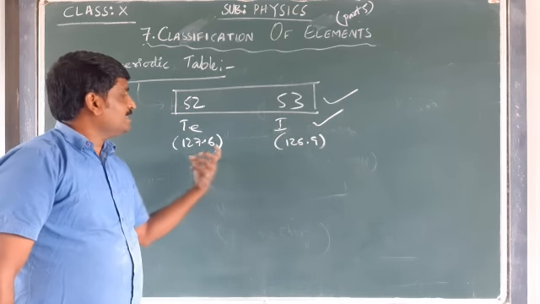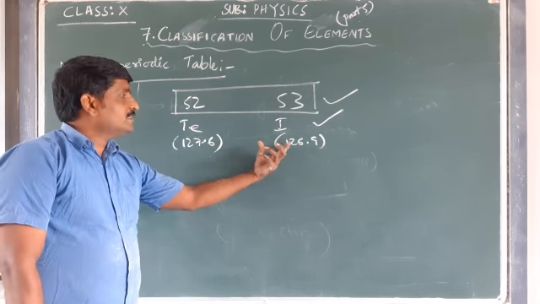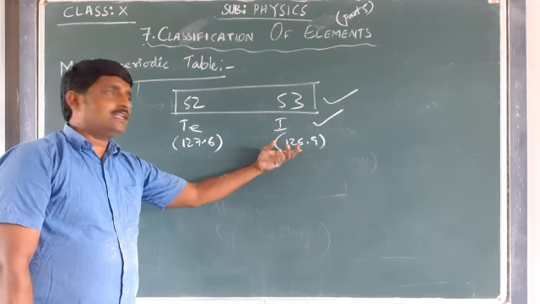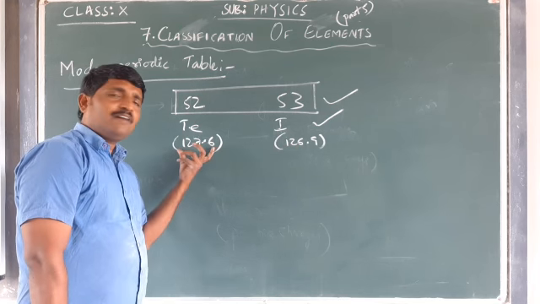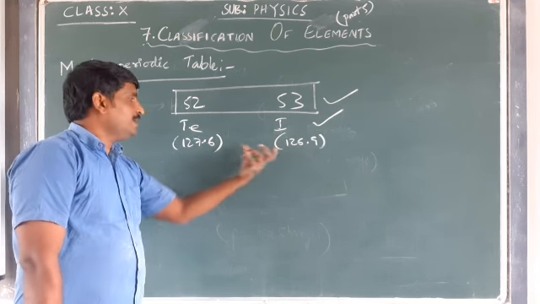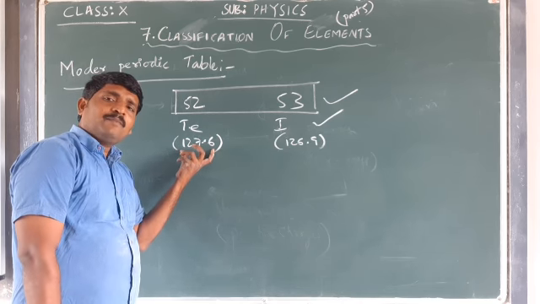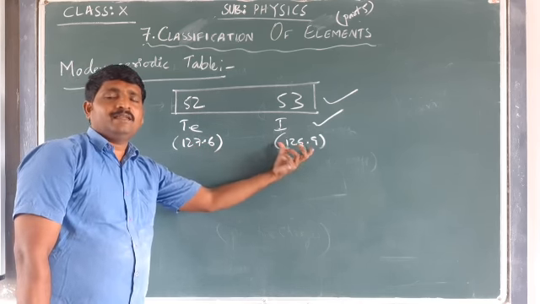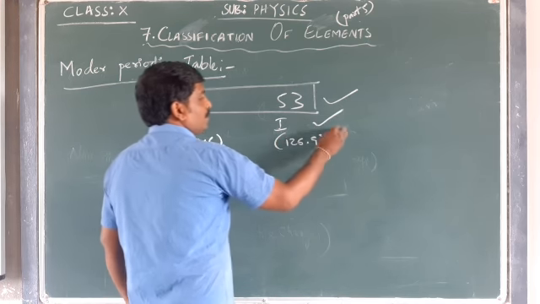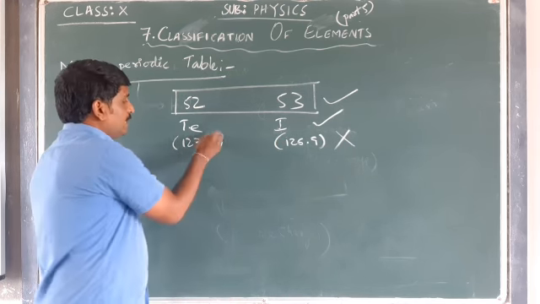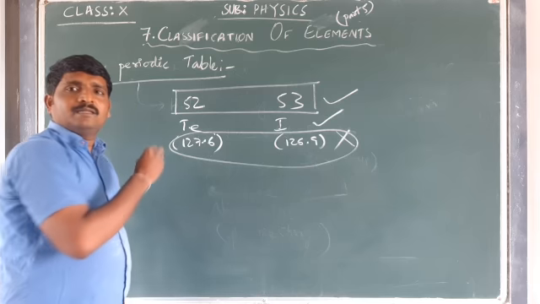With atomic weights, it does not satisfy the increasing order, because the smaller value should come first and the bigger value next. But here, the bigger atomic weight comes first and the smaller one next, which is not the appropriate manner of arranging the elements based on atomic weights.